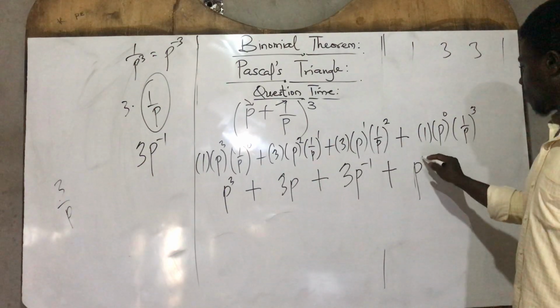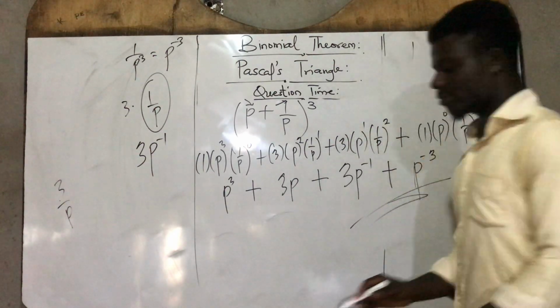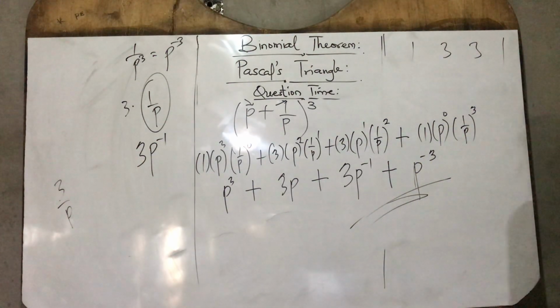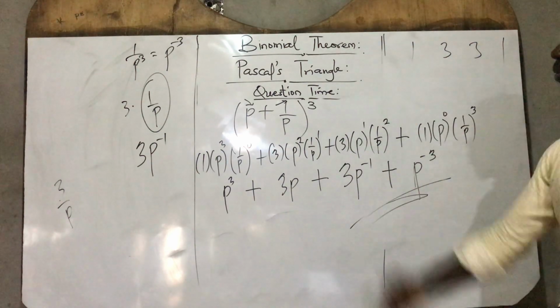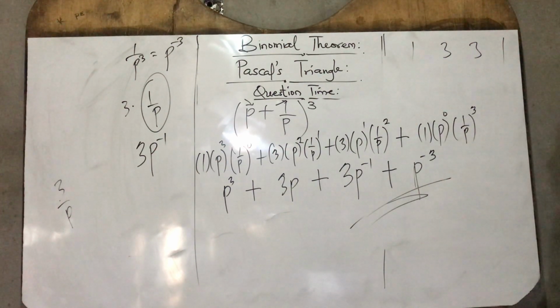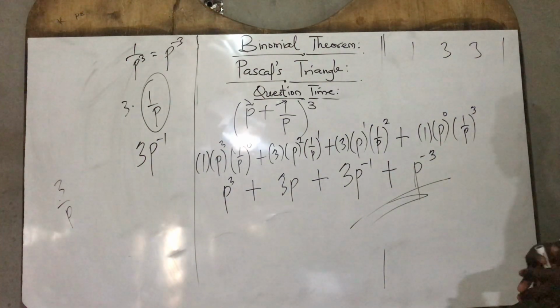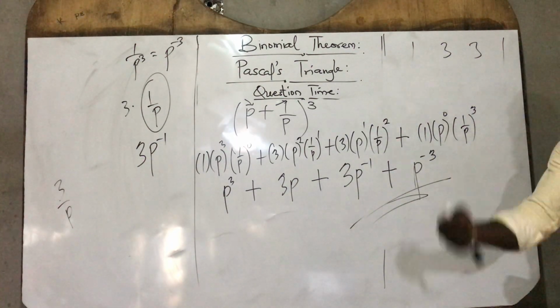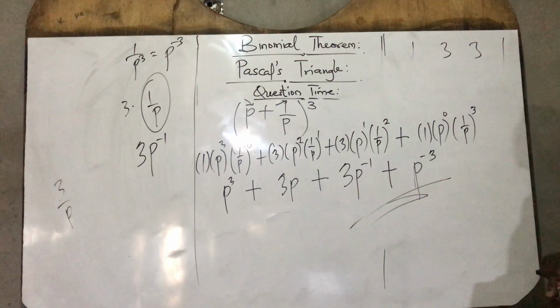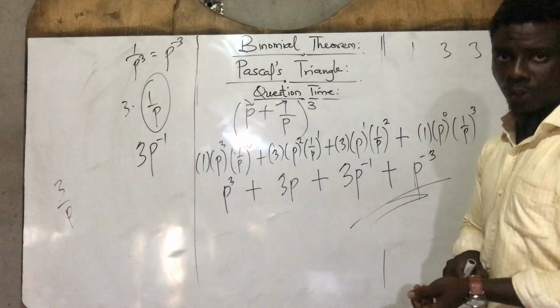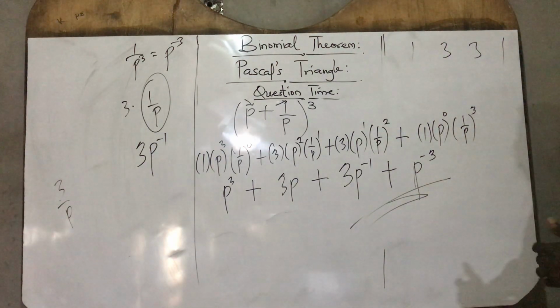So I have p to the power negative 3. And this, we come to an end of our question time for Pascal's triangle. I believe now you know how Pascal's triangle is being used to solve the binomial theorem. Right. Okay.